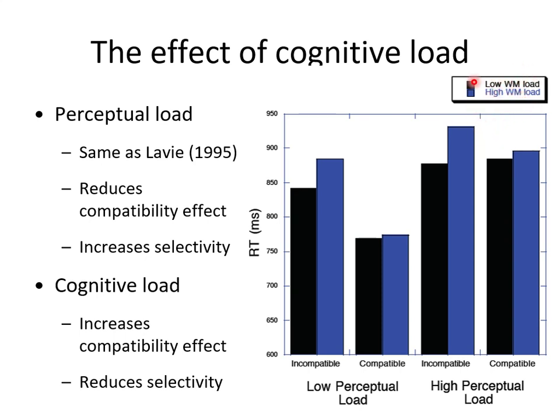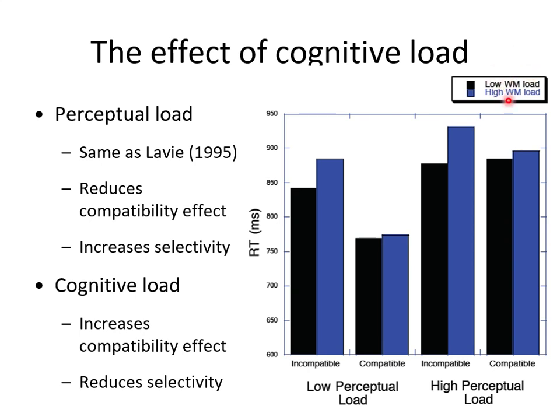And to measure the selectivity, we will compare the incompatible versus compatible condition. If selectivity is good, will we have more similar or more different performance for the incompatible and compatible condition? Right, more similar.